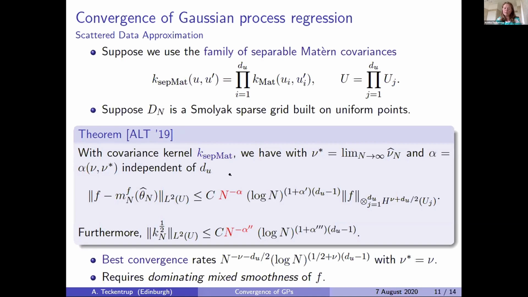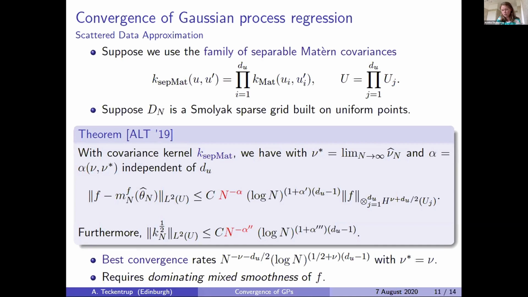I didn't want to write down the full result in full detail because it gets a bit long and complicated. But essentially the crucial thing is that in this setup, you can very much improve on the dependence on the dimension. You can show that you get a rate which is dimension independent up to the log factor here.